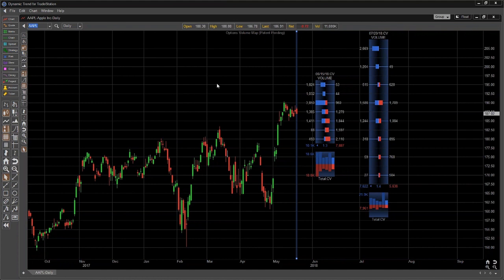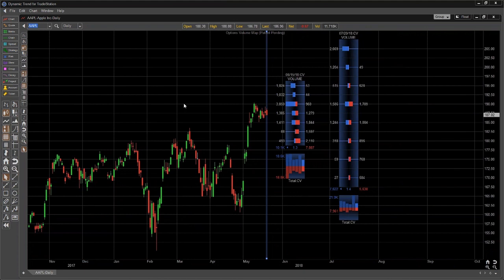So maybe this is an indication that I should just set my bias to the put side and go in that direction for that earnings play. If things are equal, maybe a straddle or strangle might be the way to go. But if things are really overloaded on one side or the other, then that could help you in making a better decision and maximizing your gains.